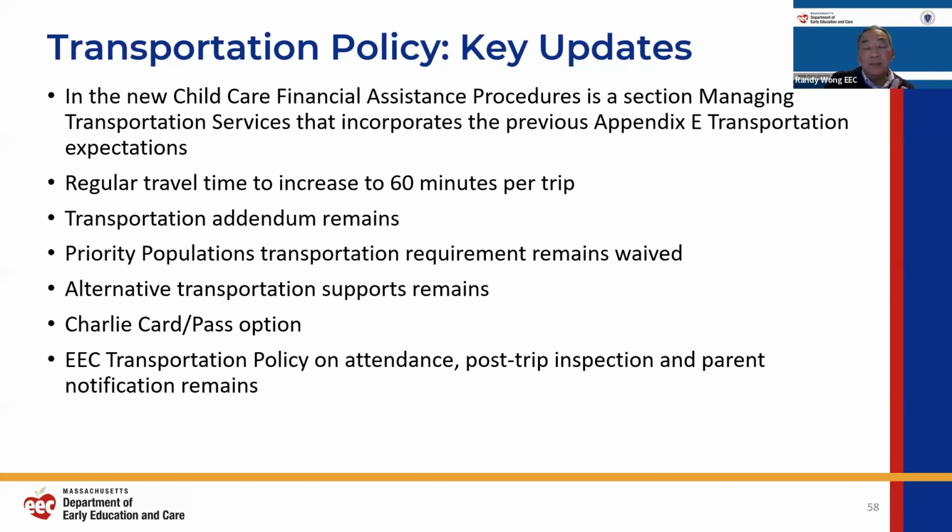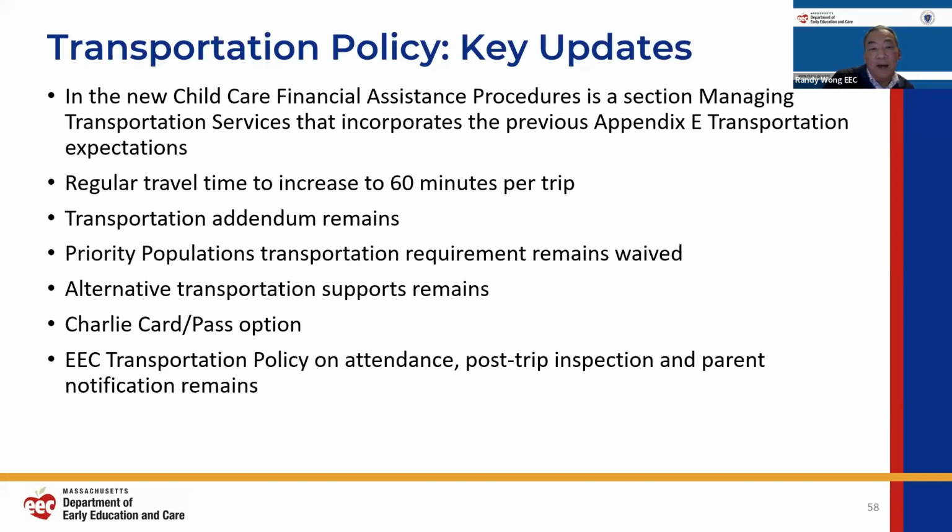Yes, let us know. Be in touch with us. We'll work with you to see how that can happen so that you can be reimbursed up to that $12 or $18 one-way or two-way reimbursement level that is in place. The Charlie card pass option we just talked about.